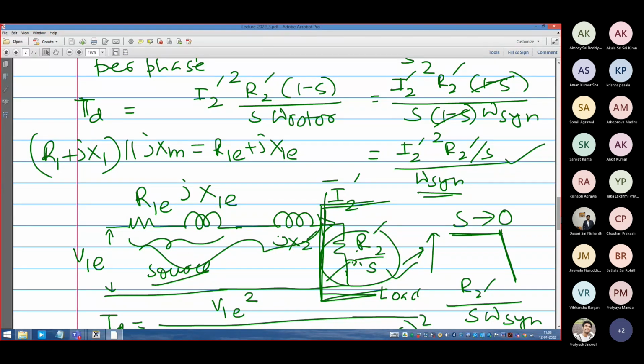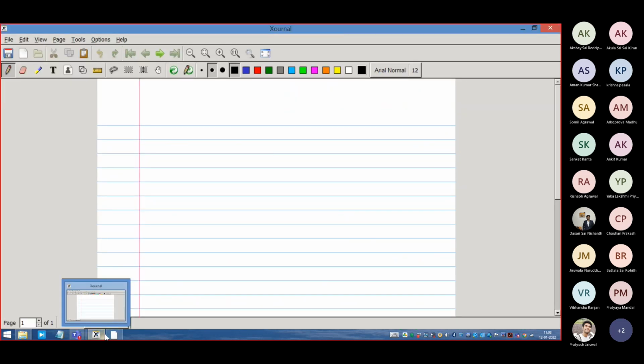Now let us see the torque expression one more time.